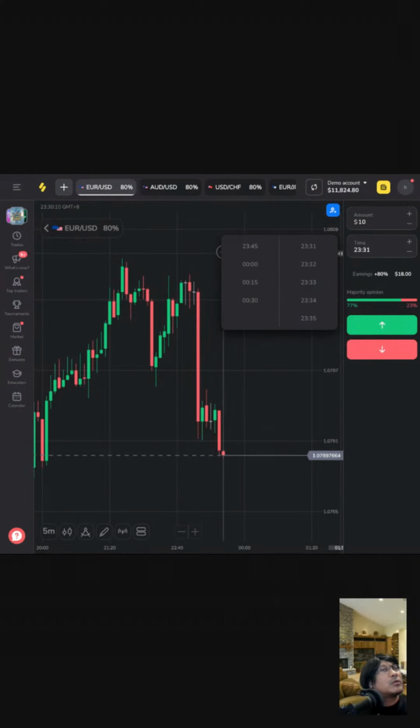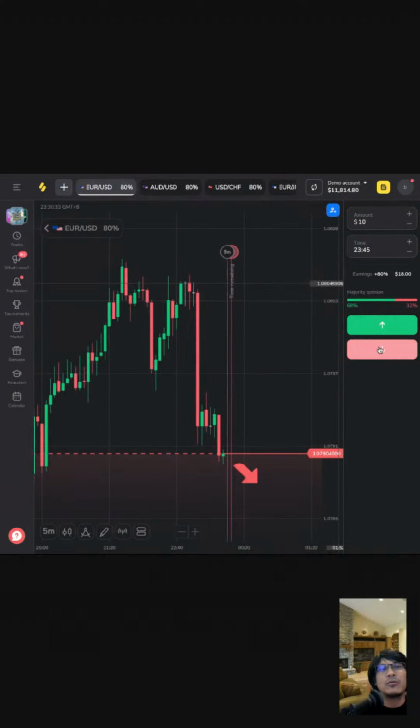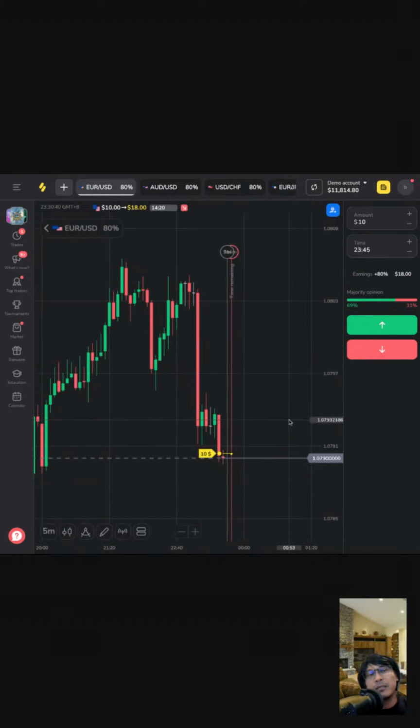So yeah, this is looking interesting. I'm probably going to open one trade right now, but it might not be able to close in time. We are on the 5 minutes, so I'll probably open it for 15 minutes. Okay, I'm opening a down trade there with $10 for 15 minutes, which is basically 3 candles in the 5 minutes time frame.